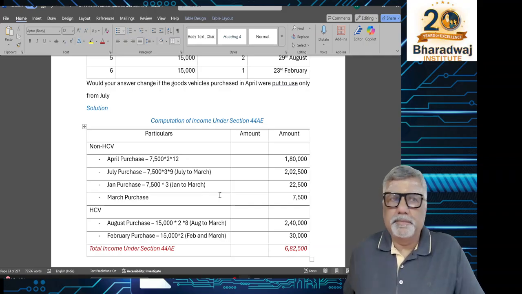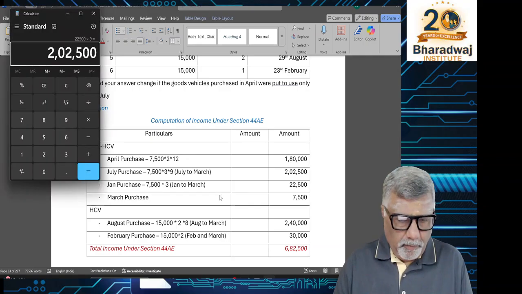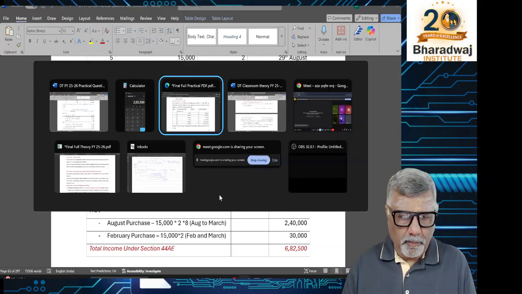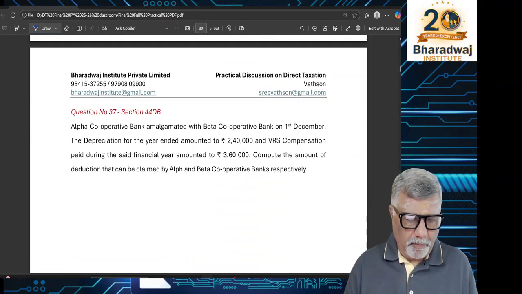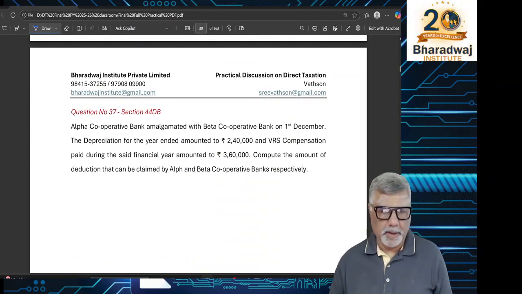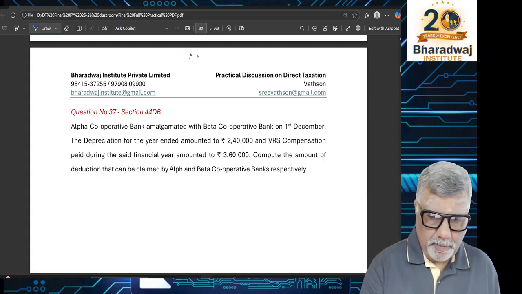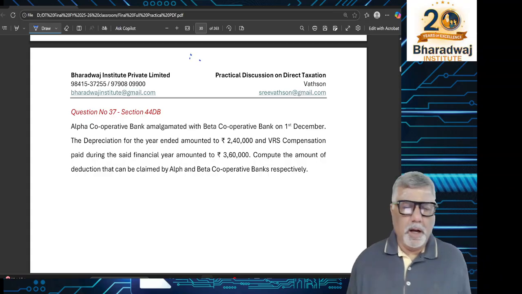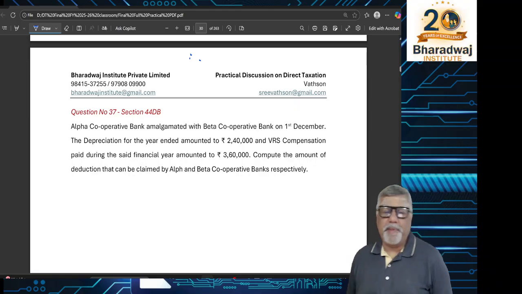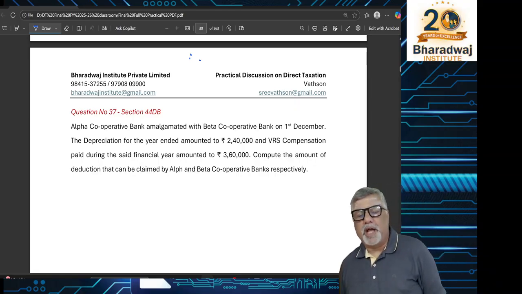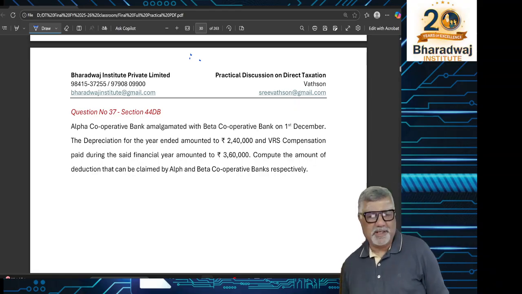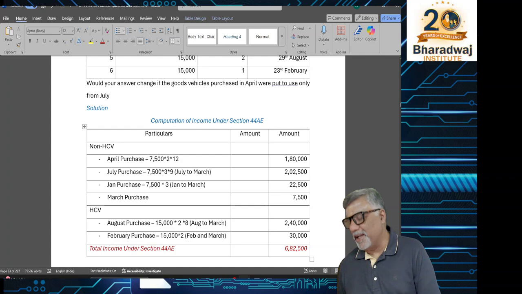Am I clear? Okay. Alpha Cooperative Bank amalgamated with Beta Cooperative, not presumptive, just on 1st December. Take your time.